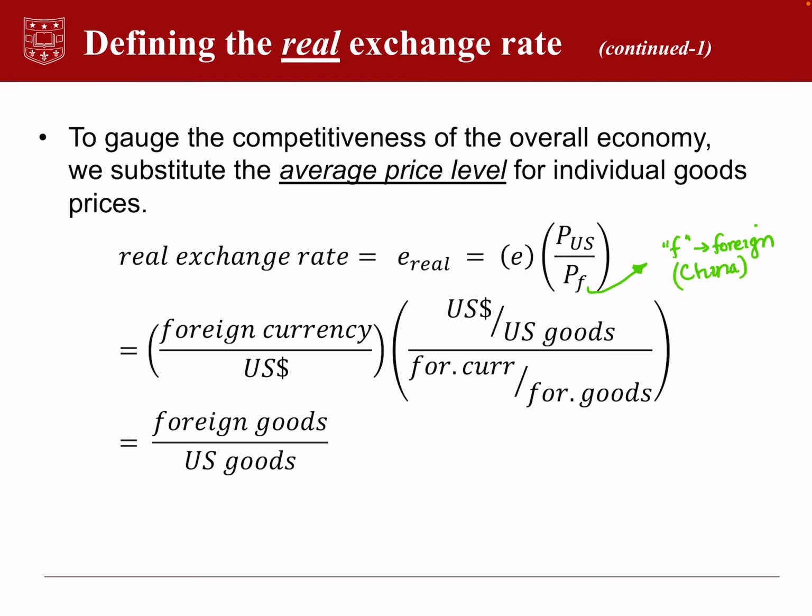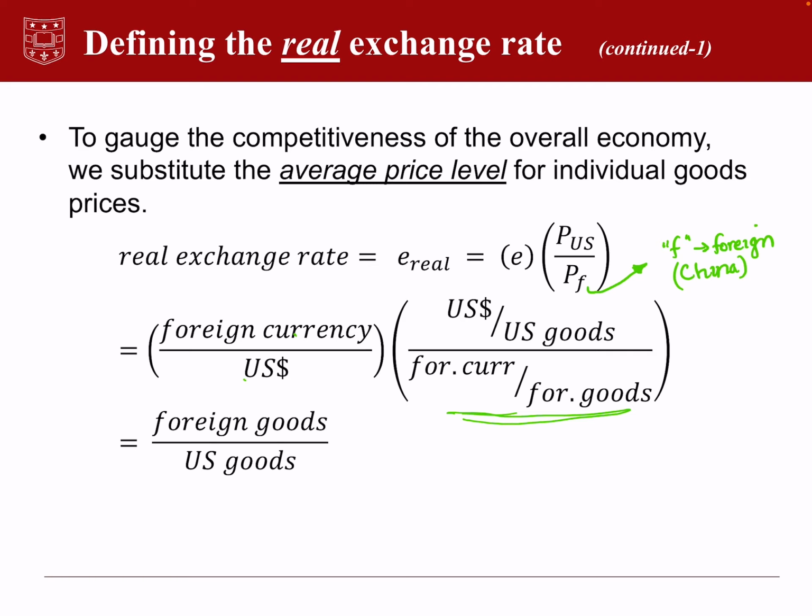So again, just to see exactly the same thing that we had before, what is the nominal exchange rate? The nominal exchange rate is units of foreign currency per US dollar. And if we think about a measure of an average price level, it's telling us in current dollar terms what the price is on average of all goods and services in the macroeconomy, and the same interpretation holds in the denominator for an average price level in a foreign country.